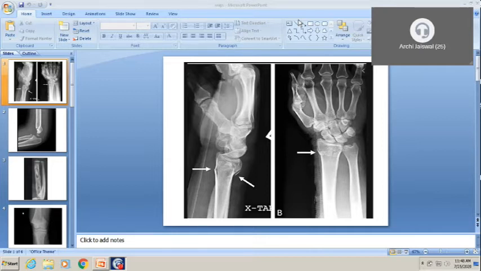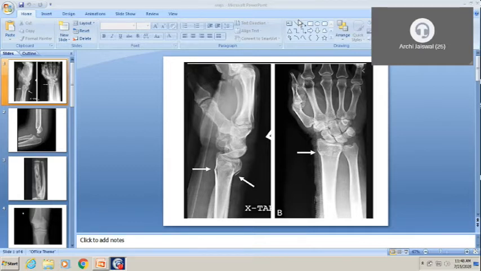In this way, first you have to describe what you are seeing overall in the X-ray. Then you will say we can see there is a fracture at the lower end of radius, or distal end of radius, and we call it Colles fracture.